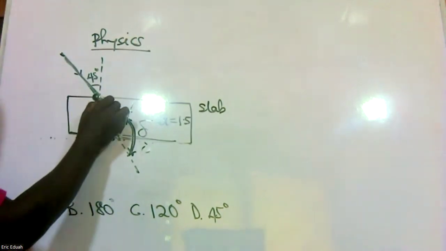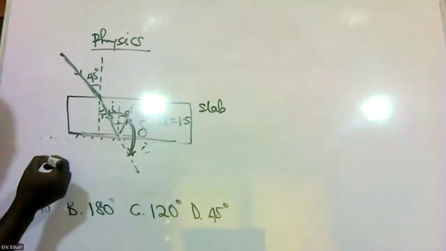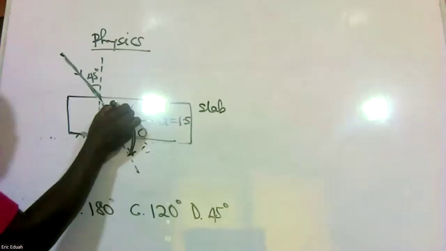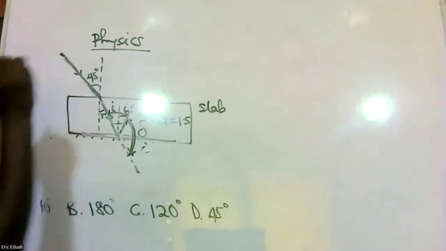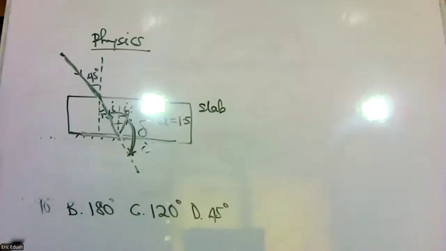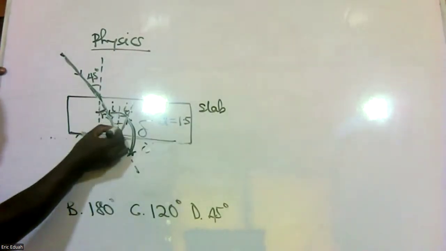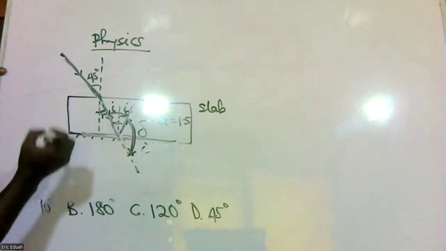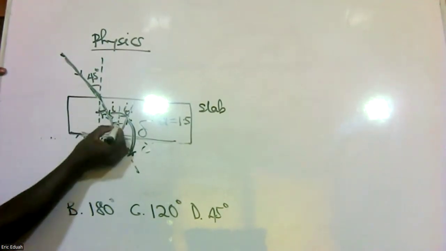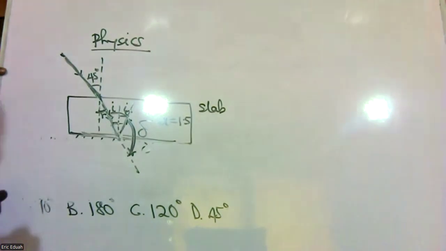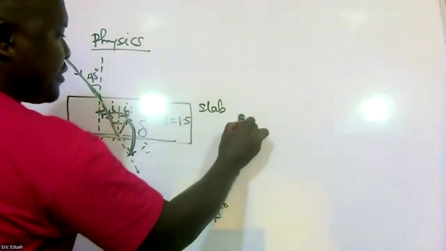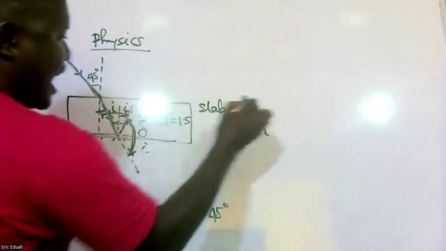So this is the angle of incidence. Angle of incidence equals angle of reflection. This is also I. Now, by the vertically opposite angle reason, this angle will be equal to this angle. The angle of refraction is equal to the angle of incidence. So R would be equal to I.